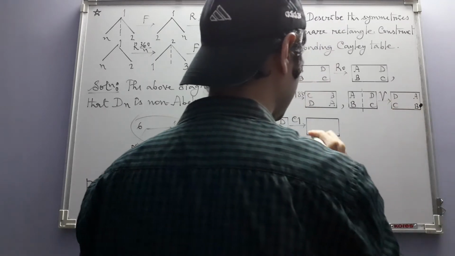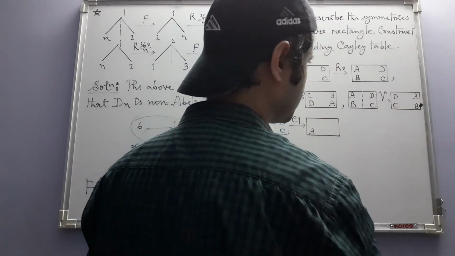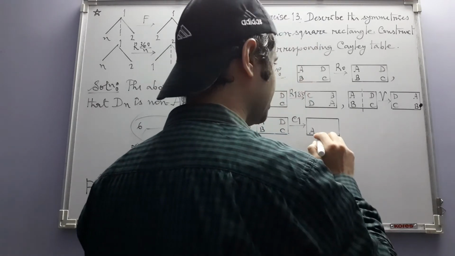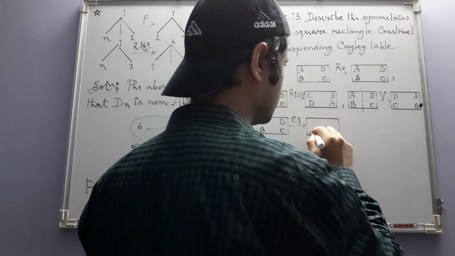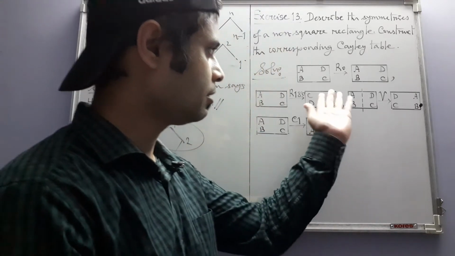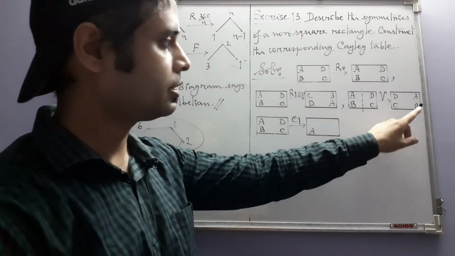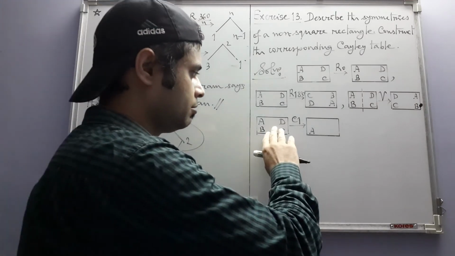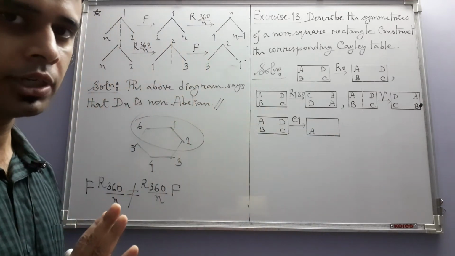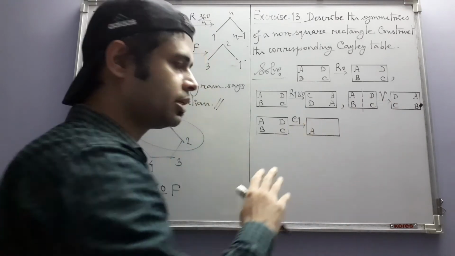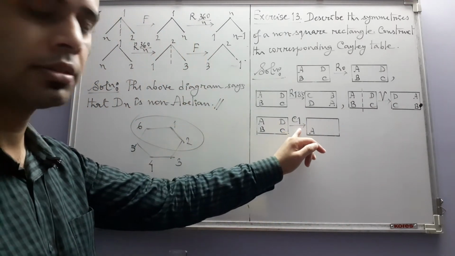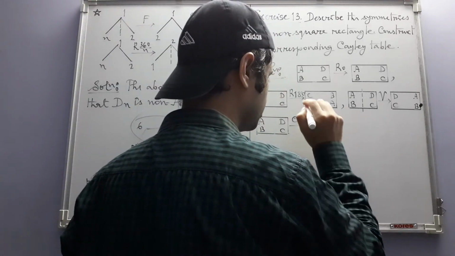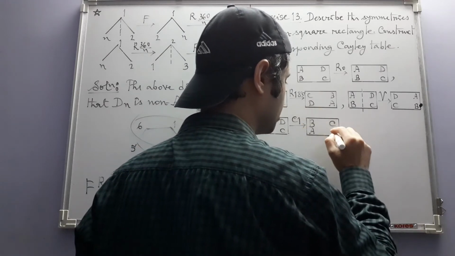So A will be here, but we have to be careful. You see, because of the flip, the orientation has changed. Now it is clockwise, A, B, C, D. So one rotation will not change the orientation. After this, the new orientation will be maintained by this rotation. So we will continue to have A, B, C, D in the clockwise direction.